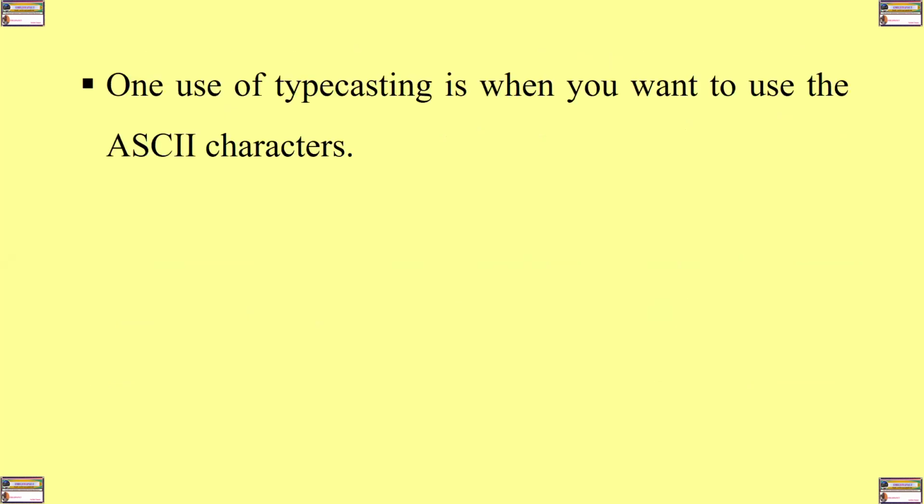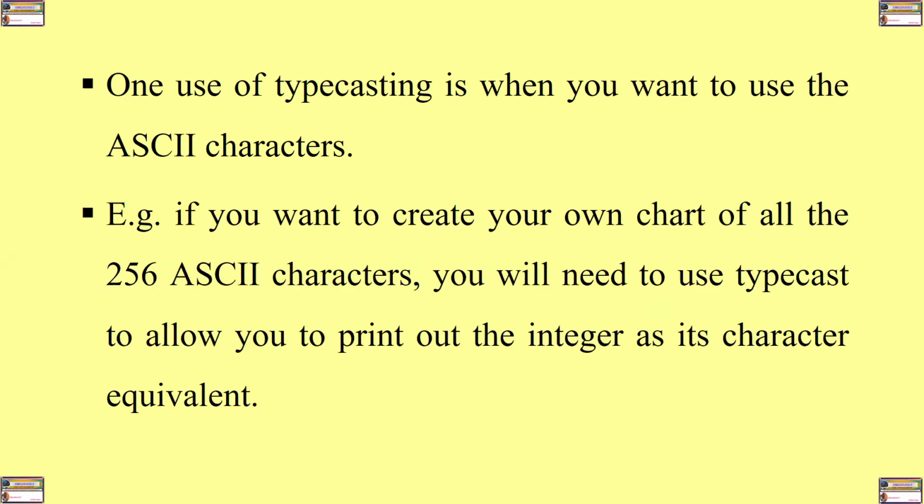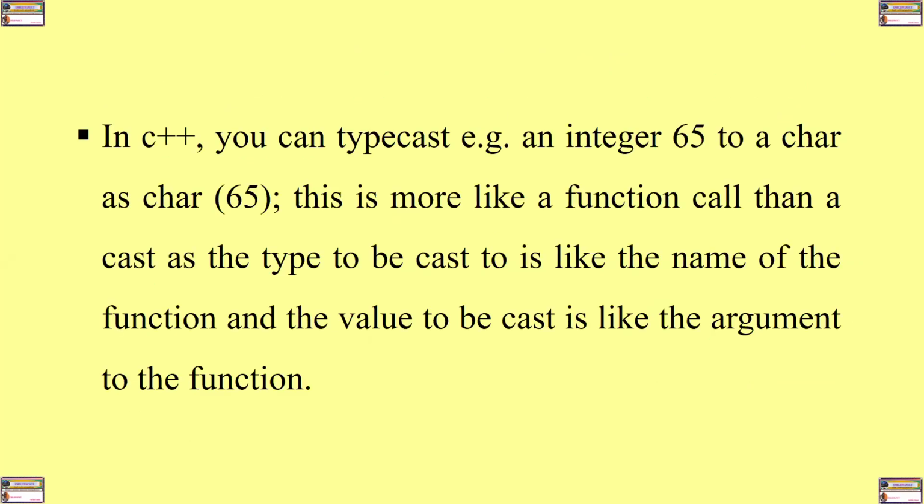One use of typecasting is when you want to use the ASCII characters. For example, if you want to create your own chart of all the 256 ASCII characters, you will need to use a typecast to allow you to print out the integer as its character equivalent.